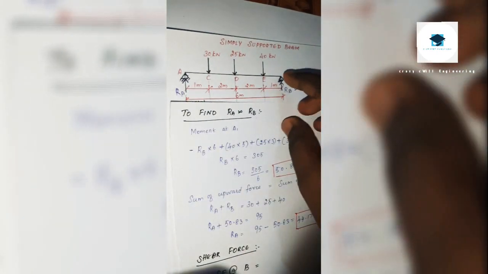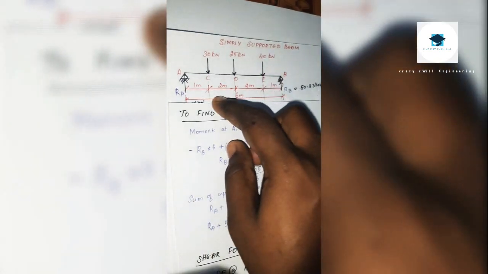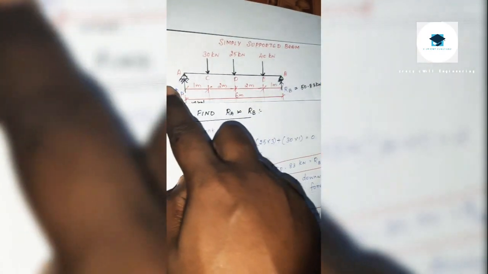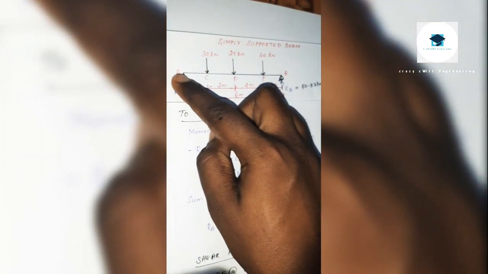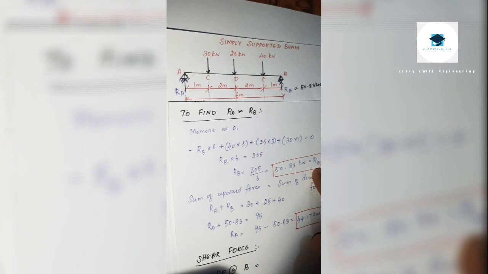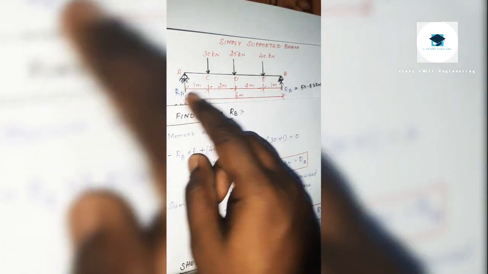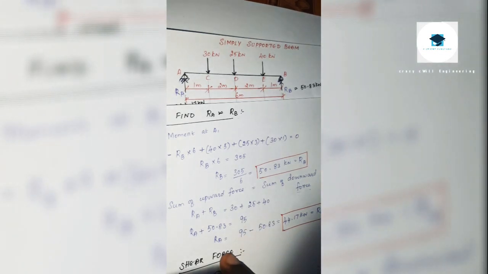First take the moment at A. RB is acting anti-clockwise, so minus RB into 6. 40 is acting clockwise, so 40 into distance 5. 25 is also acting clockwise towards A, so 25 into 3. 30 is also acting clockwise, so 30 into 1, equal to 0. So RB has value 50.83. Sum of upward force equals sum of downward force. RA and RB are upward forces; 30, 25, 40 are downward forces. So RA is equal to 44.17 kilonewton.